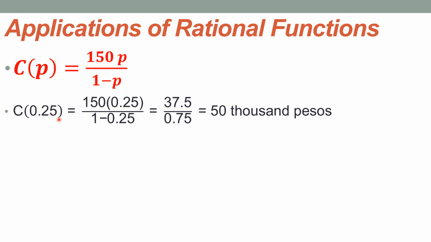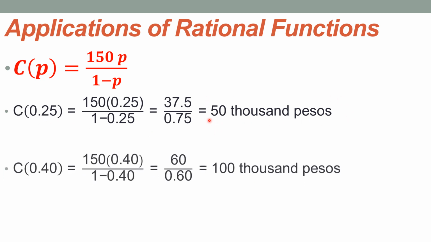C of 0.25 is equal to 150 times 0.25 over 1 minus 0.25. 150 times 0.25 is 37.5, over 1 minus 0.25 is 0.75. 37.5 divided by 0.75 gives us 50, so the total cost for 25% of the population would be 50,000 pesos.